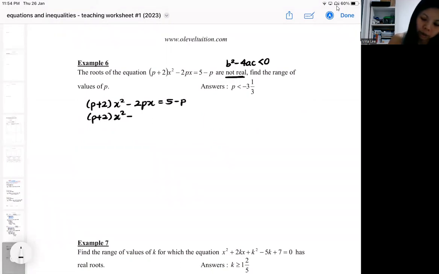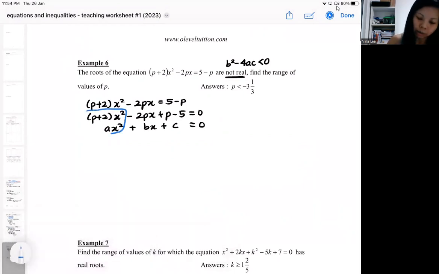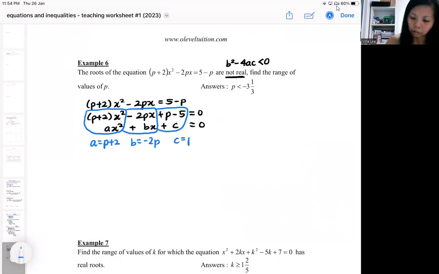Explore the equation properly so that you can compare your ABC. If you always have issue getting the correct ABC, I suggest you do such a comparison. Otherwise, when you get your ABC wrong, you will not be able to execute the condition correctly.